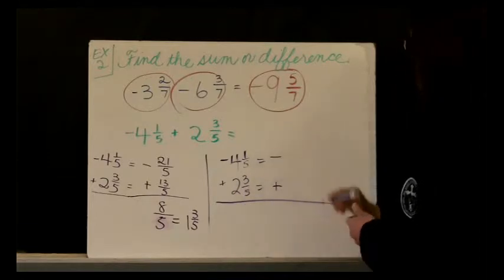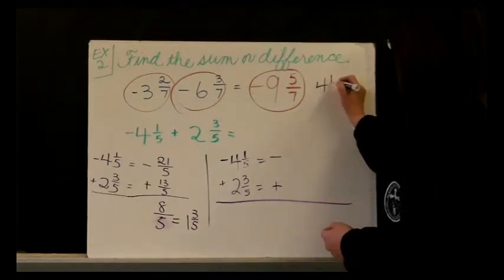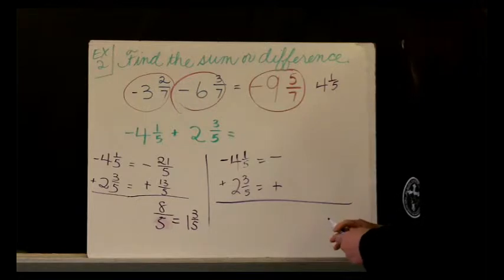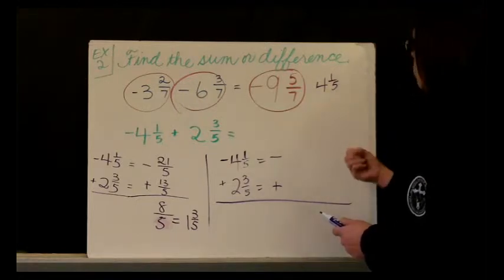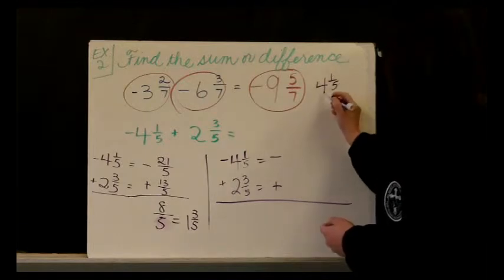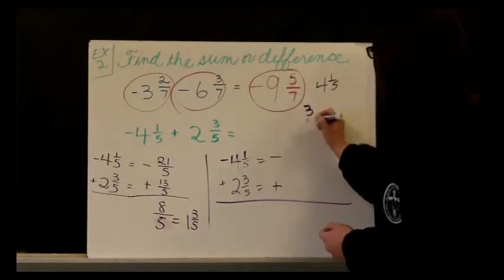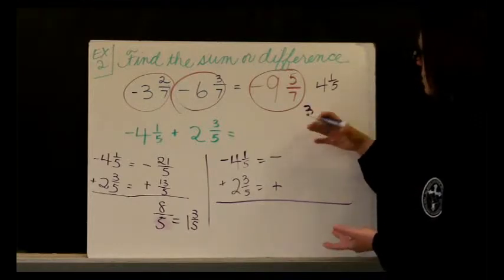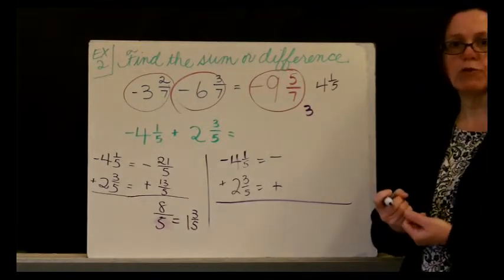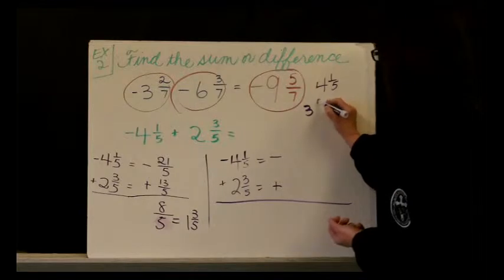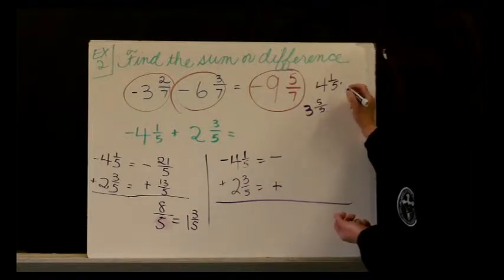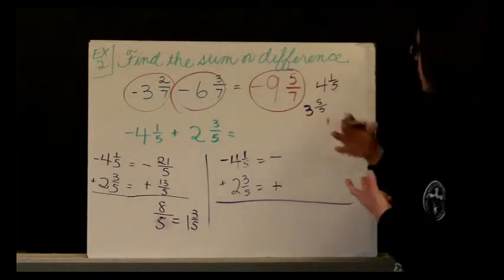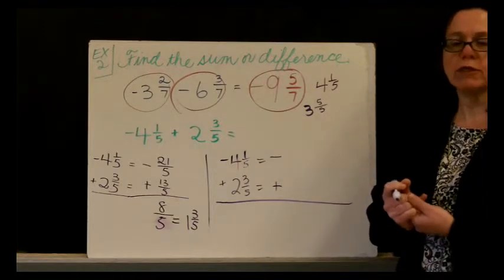When we see 4 and 1/5, we can look at this and take 1 away from it. If we took 1 away from 4, it would be 3. And then what we would need to do is express that 1 that we took from it as a fraction using the denominator that we have in the fraction part of our mixed number.